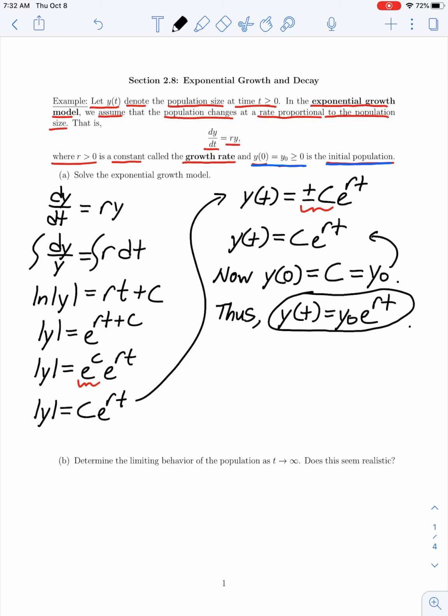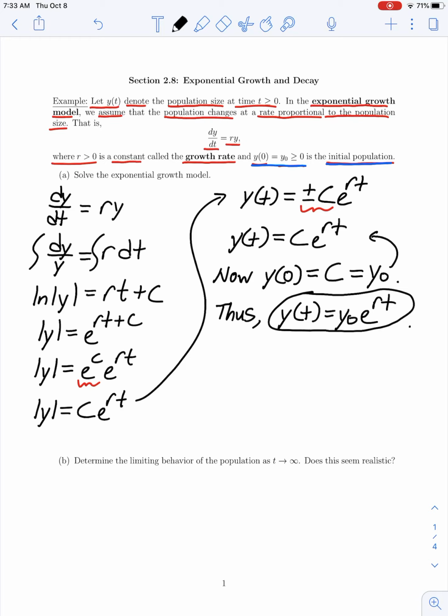It says that under this assumption of exponential growth, that is, where the rate of change of the population size is proportional to the population size, the population size at any time is given by y of t equals y naught e to the rt. So that is the initial population size y naught times some exponential factor e to the rt, where r is a positive constant referred to as the growth rate or intrinsic growth rate of our population.